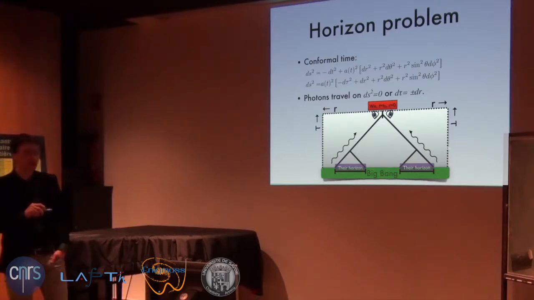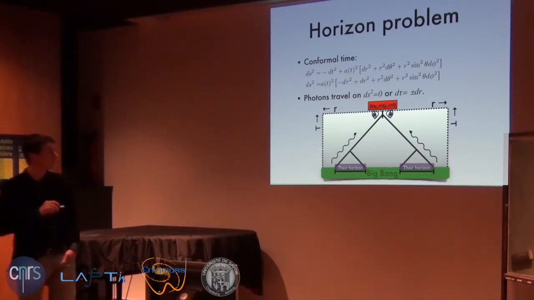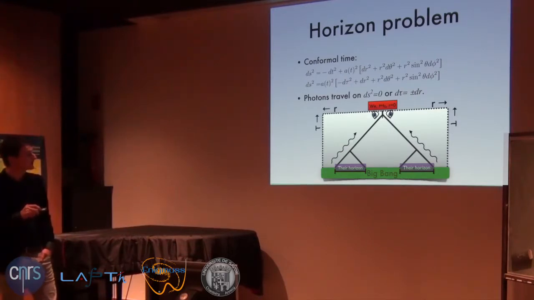If you lived at the epoch of CMB decoupling, so you live here, and all the light that you receive travels on lines of 45 degrees as well, the maximum distance that you can see is a smaller finite distance, simply because the universe is younger. So this is the time of CMB decoupling. From this diagram you can already see that we span a larger distance with our horizon than observers who live at the CMB time.